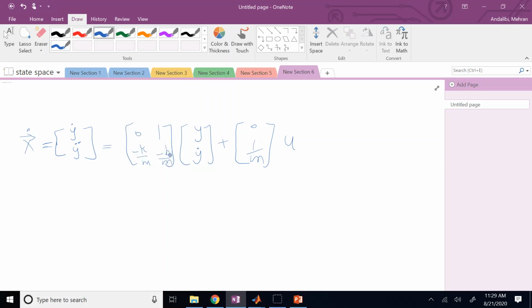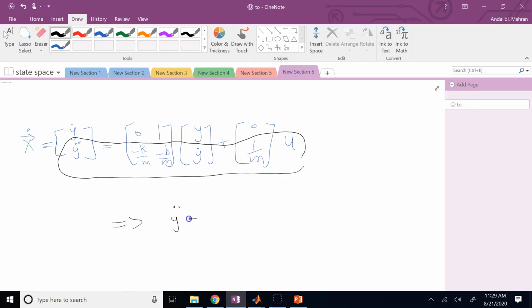Actually, in this case, if you know this, you do not even need to do any elimination. All you need is to look at this last row. If you just expand this last row, that's your governing ODE, right? If you do it, you're going to get y double dot equals negative K over M y, negative B over M y dot, plus 1 over M u.